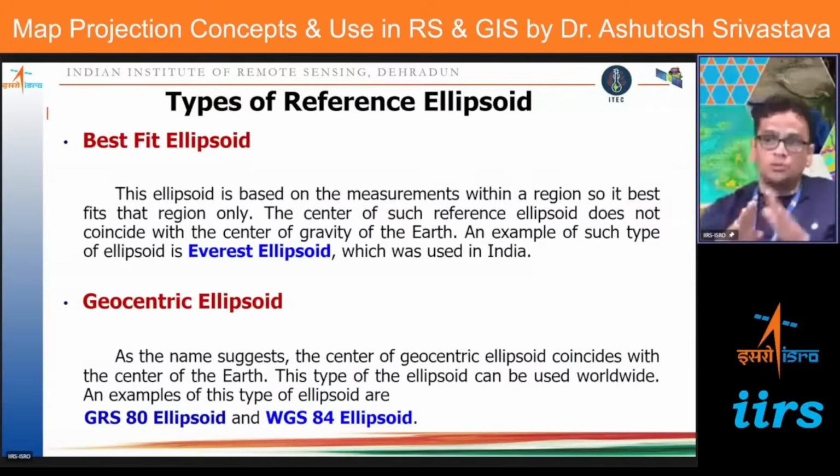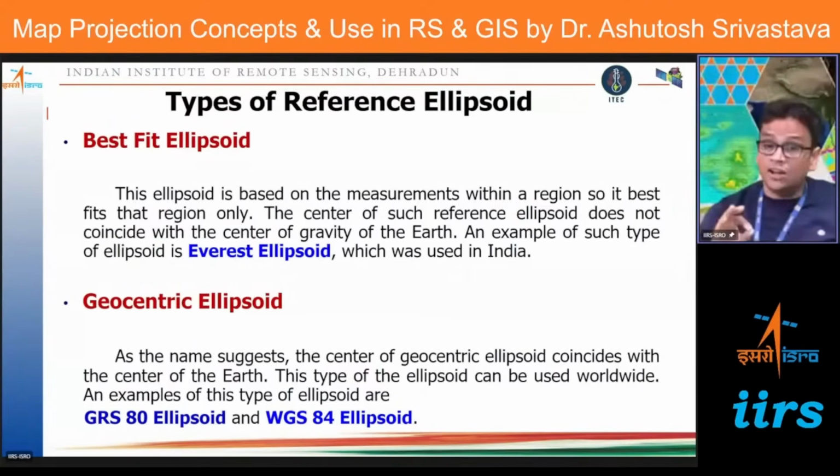They may not be suitable for other regions of the Earth. For a particular region it was suitable; for another, it may not be. That's why it is called a best fit ellipsoid. The ellipsoid is based on measurements within a region, so it best fits that region only.